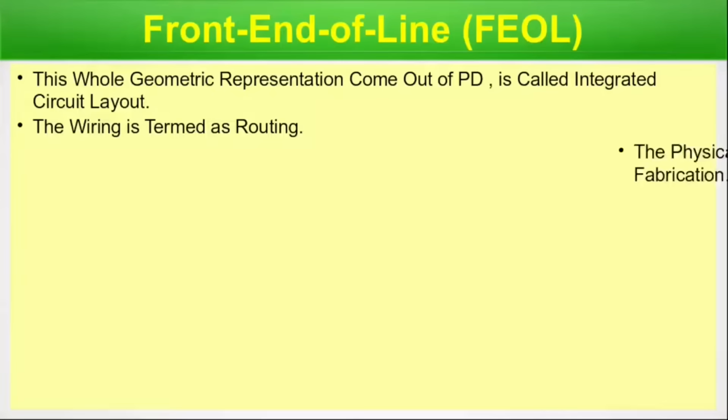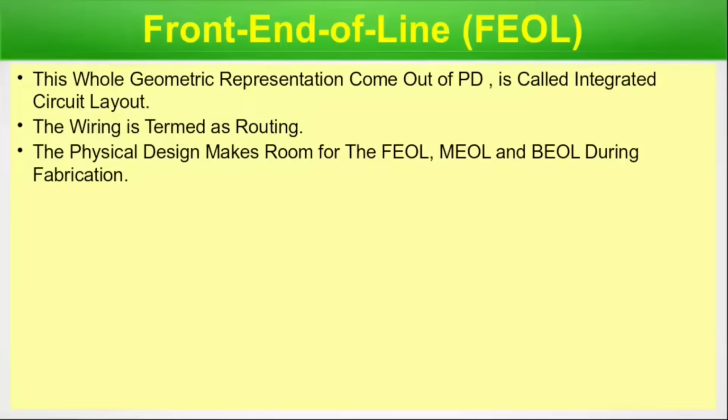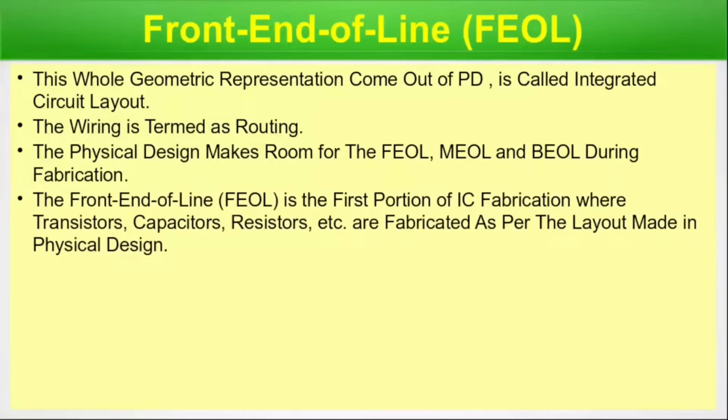Front end of line. This whole geometric representation that comes out of physical design is called integrated circuit layout. The wiring is termed as routing. The physical design makes room for the FEOL, MEOL and BEOL during fabrication. The front end of line is the first portion of the IC fabrication, where transistor, capacitor, resistor, etc. are fabricated as per the layout made in the physical design.